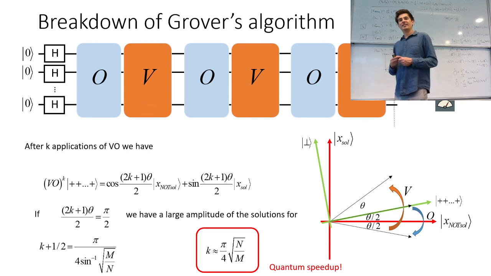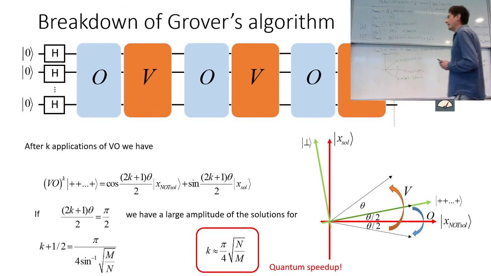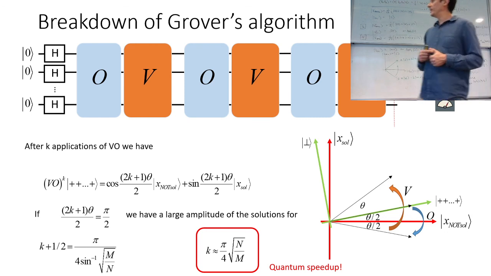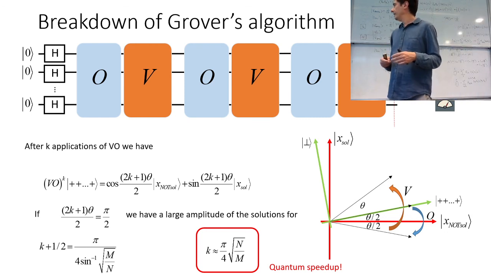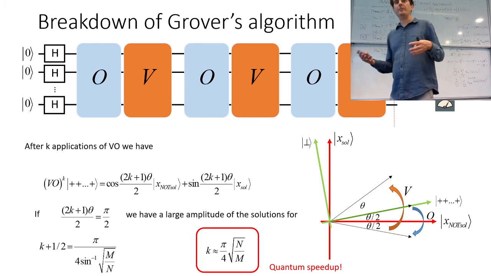It may overshoot if we do too many times. Usually people are mainly concerned about the scaling of this. That means when n gets very big, what is the number of times you need to repeat something in your algorithm?